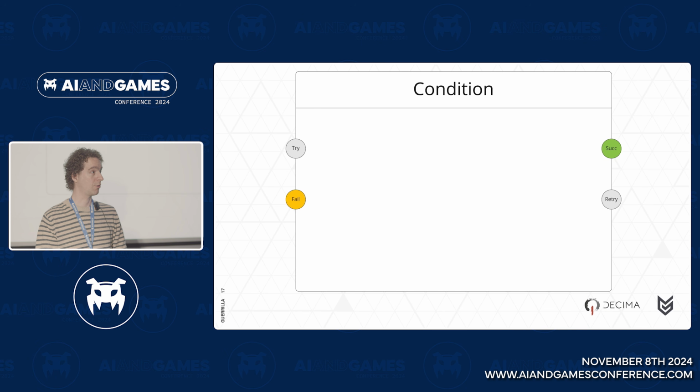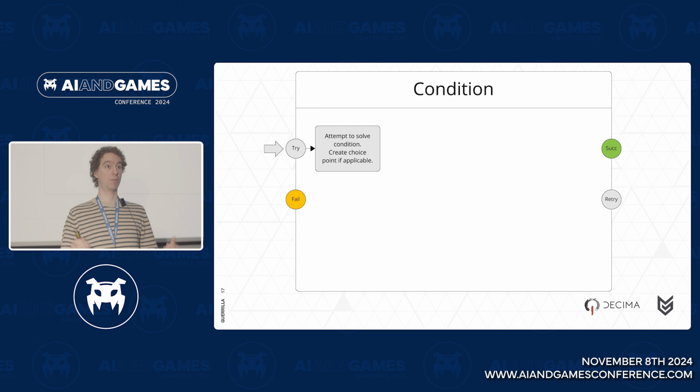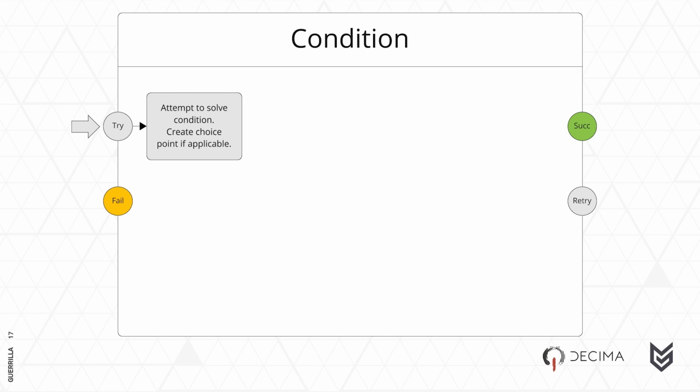They're called ports. So we'll start off at the top left, invoke our problem solver, finding a solution to our query. And then this also creates a choice point when applicable. Now a choice point is a point in our flow to which we can come back and then find an alternative flow forward. So this is our backtracking point in essence. It also carries with it a bit of state to remember where you left off.